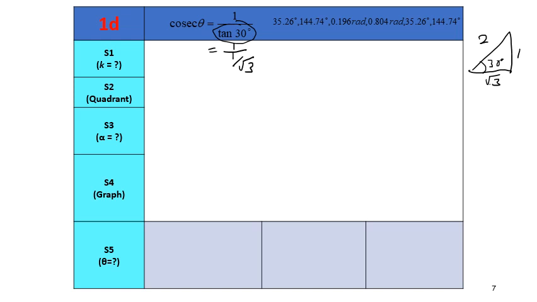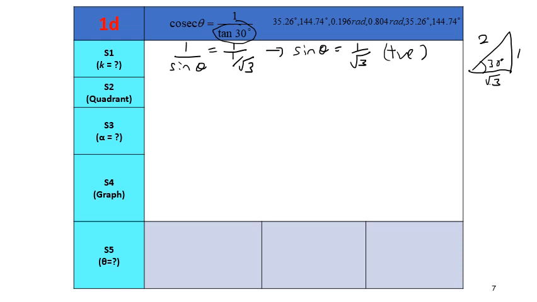And then on the left side, we change cosecant into 1 over sine theta. You can see in the equation, both sides have 1 over, so we can compare and take the denominator on both sides. So sine theta equals 1 over square root 3, which is the positive value.